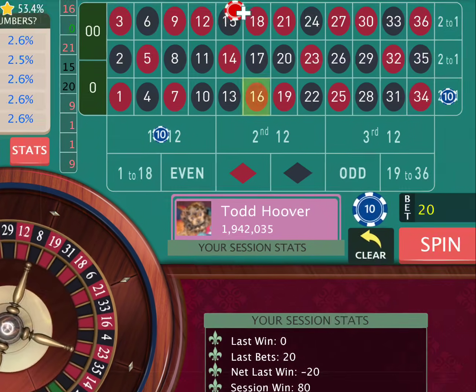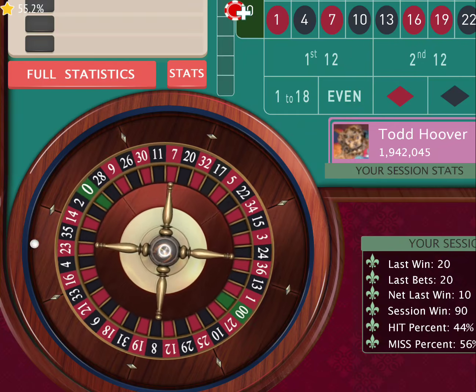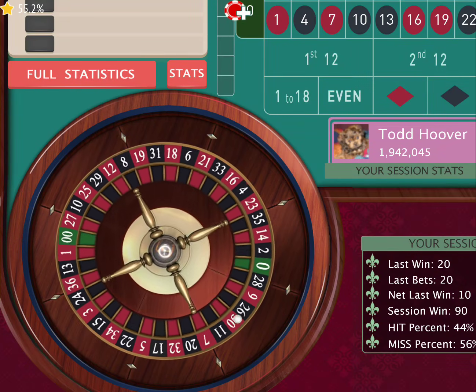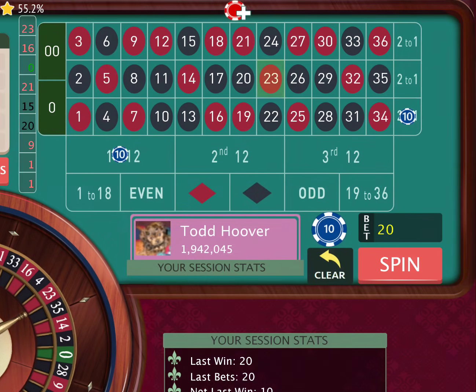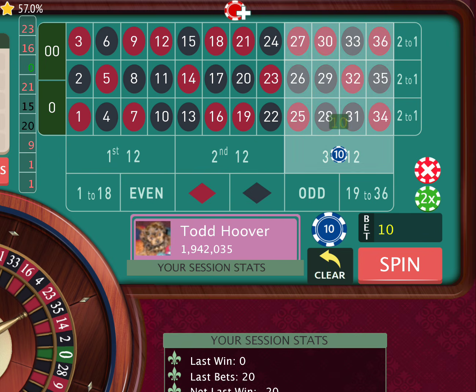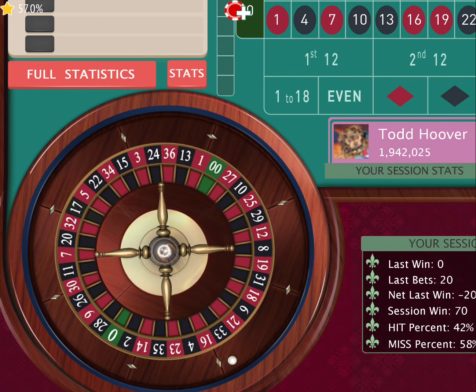16. I got the one side of it right. So let's rebet that again and spin. See if we can get a 1, 4, 7, and 10. We're at 90. We could have restarted. We should have restarted, shouldn't we? Not a big deal. And then we're going to go 10, 20 on this dozen here.